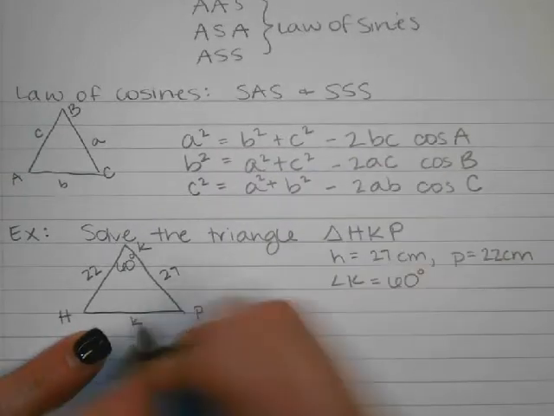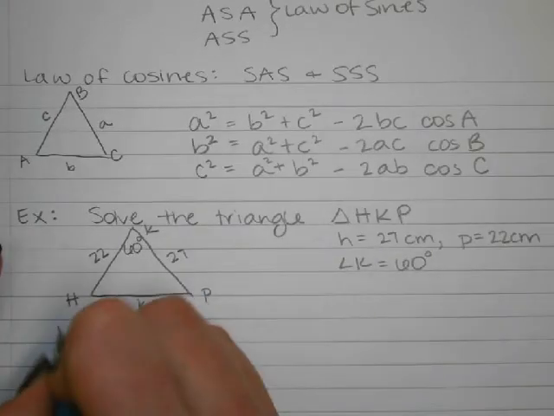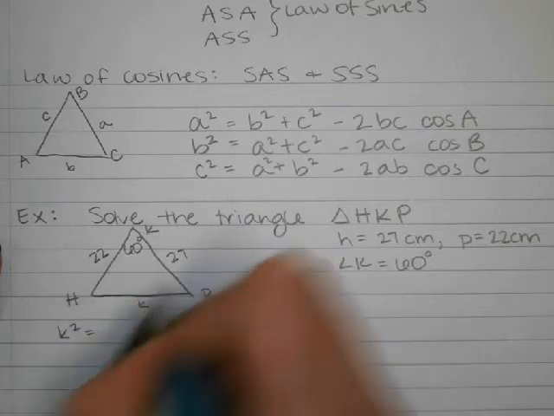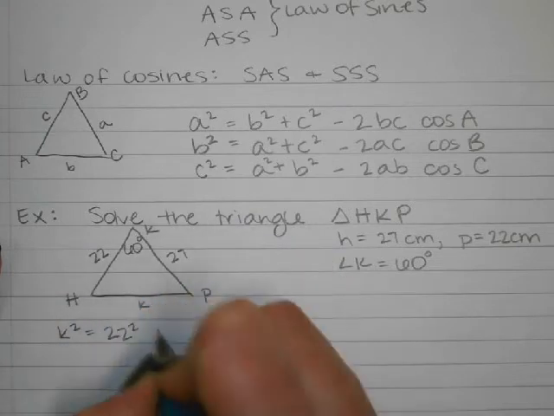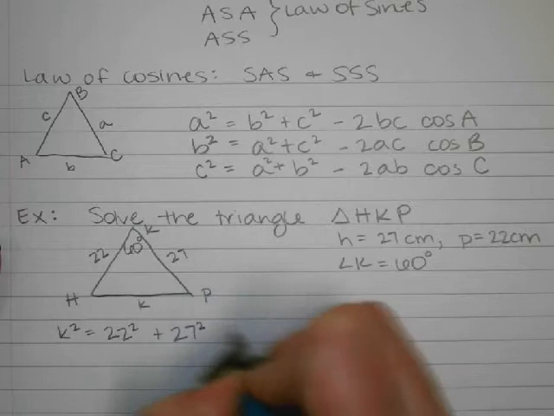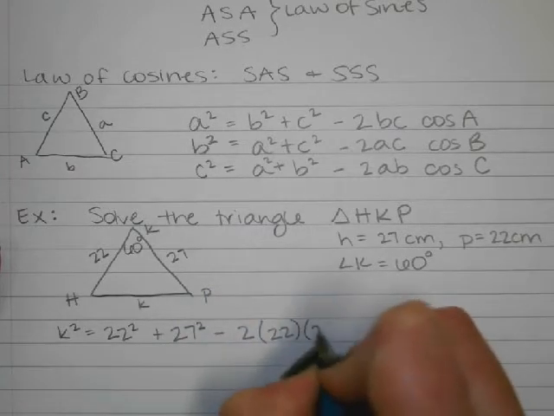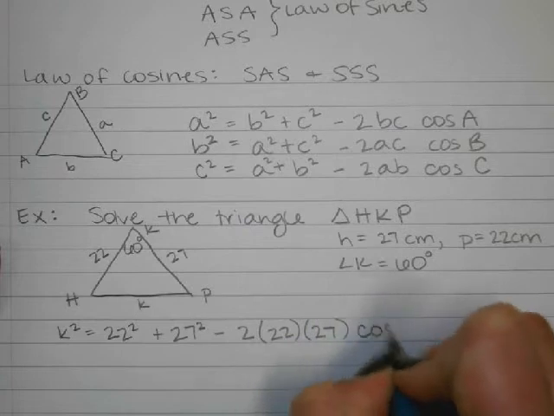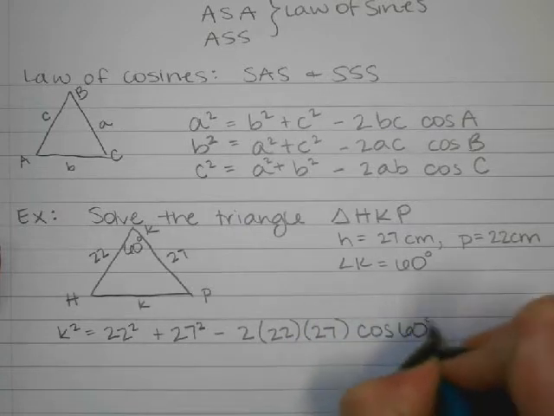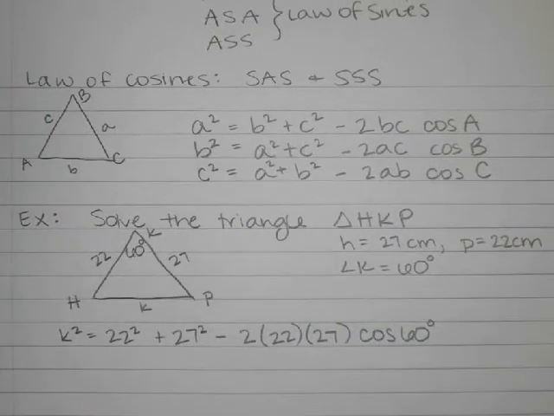This side right here is K. So K squared equals one side squared plus the other side squared minus 2 times one side times the other side times cos of 60 degrees.